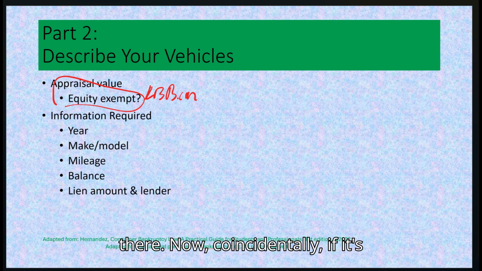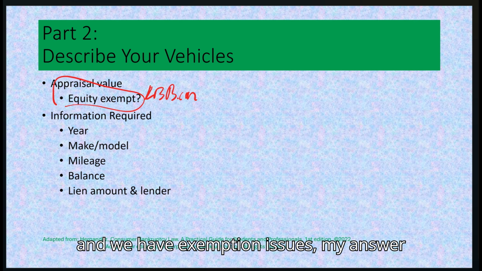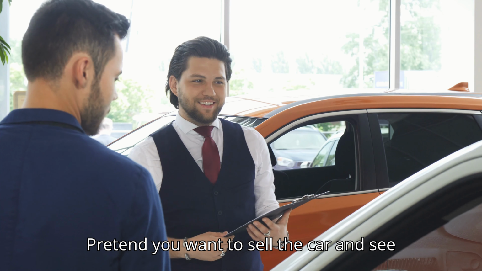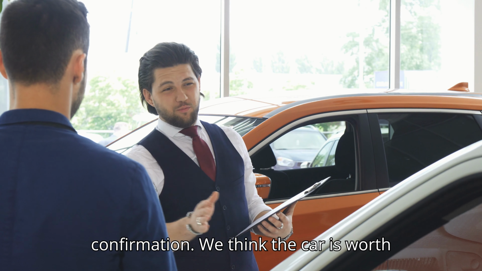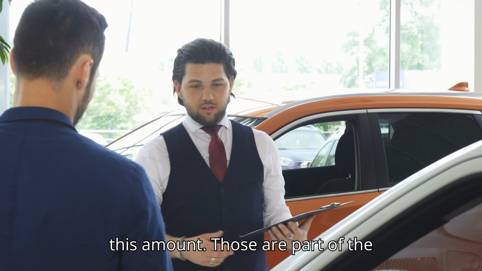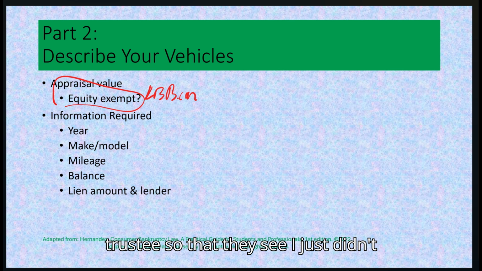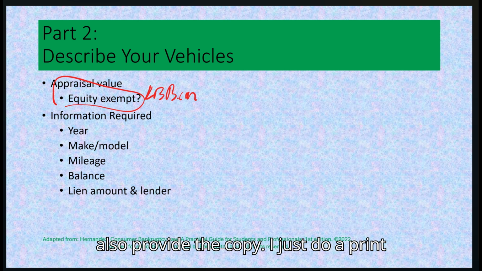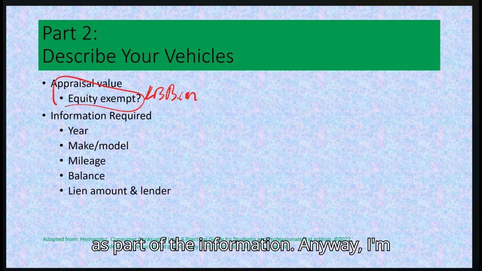Now, coincidentally, if it's too high and it's a number you don't like and we have exemption issues, my answer is go straight to your local dealer, pretend you want to sell the car, and see that they give you a written confirmation: we think the car is worth this amount. Those are part of the documents that I would provide to the trustee so that they see I just didn't make up the number out of thin air. And I also provide the copy. I just do a printout of Kelley Blue Book and include it as part of the information anyway.